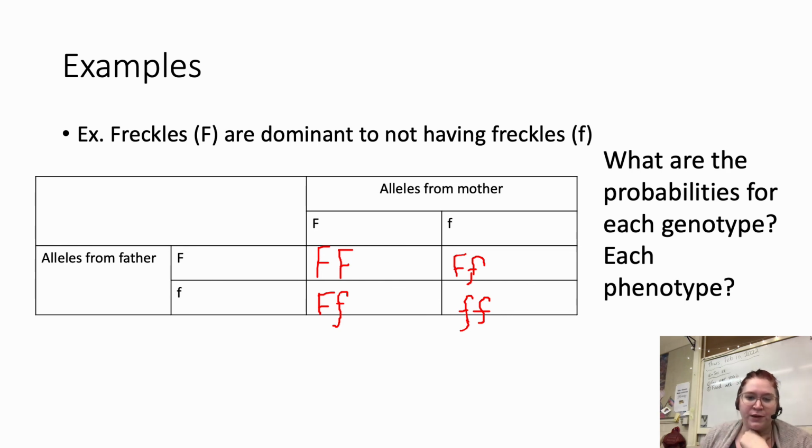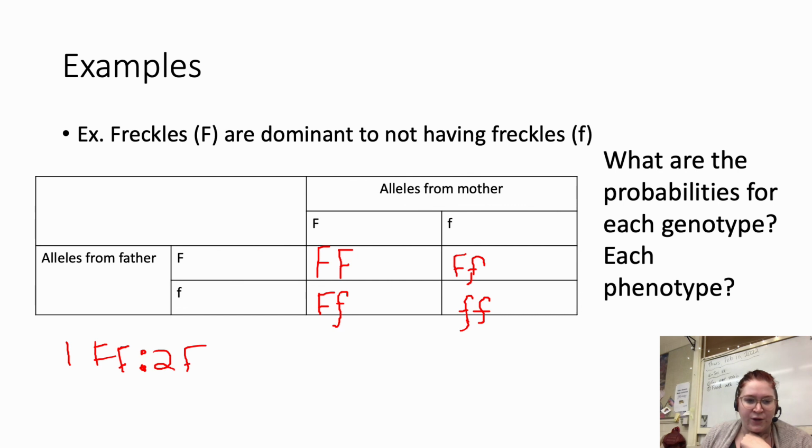So what are the probabilities for each genotype? Let's write a ratio. So here we have a homozygous dominant, big F, big F. We have 1 of those. And then we have 2 big F, little f's.